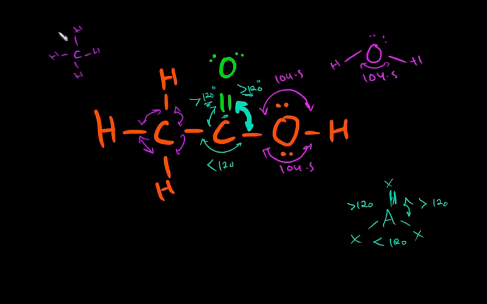The bond angle in methane is 109.5. So the shape looks like a methane, so this angle will be 109.5. This is the same, also 109.5, and this is the same, as well as this.